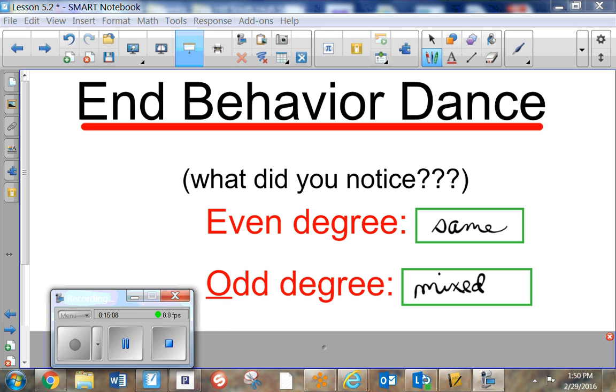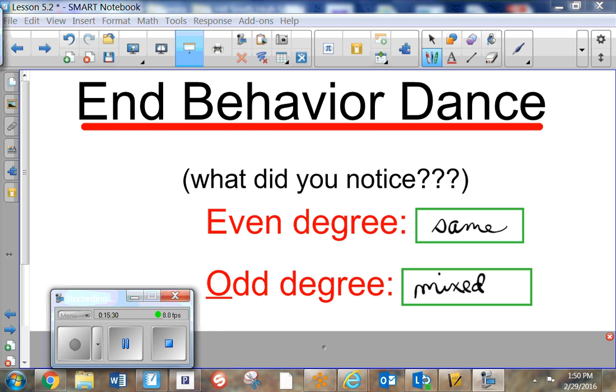Look at all the ones with the negative in front. How do they all end at the far right? What's the indicator on the far right? Down. So if your A is negative, then it's going to end down. If your A is positive, it's going to end up.